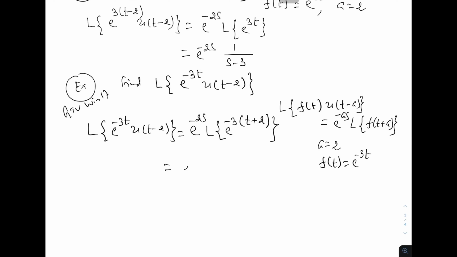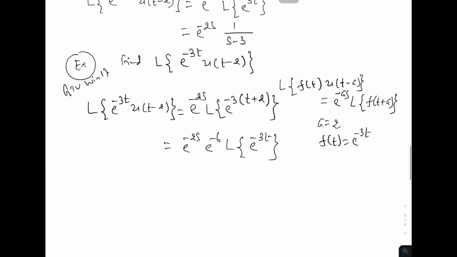This is equal to e to the power minus 2s, e to the power minus 6 Laplace transformation of e power minus 3t. This you can simplify, e power minus 6 you can take outside. So this is equal to e to the power minus 2s minus 6, and Laplace transformation of e power minus 3t is 1 upon s plus 3. So that is the answer.